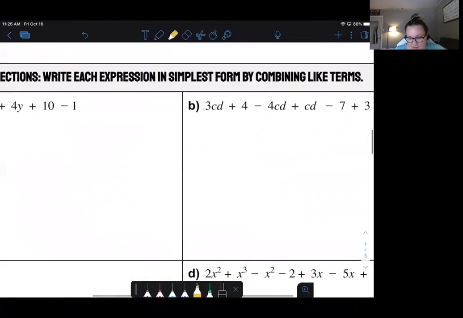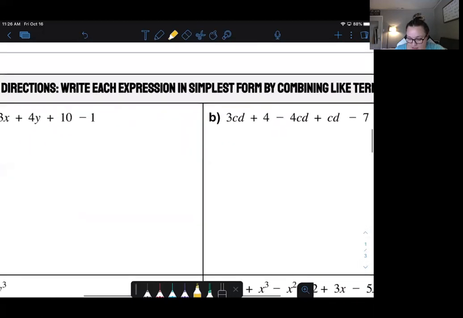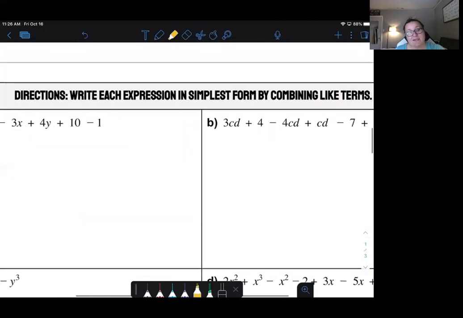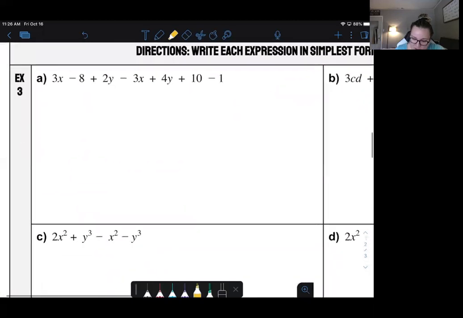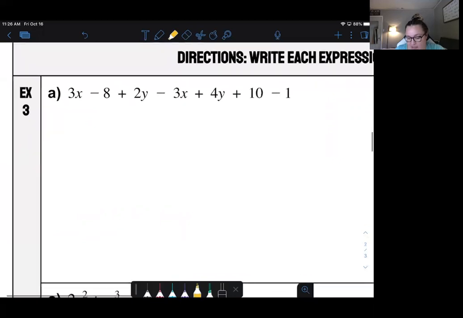All right, now let's talk about the next example. Here we are writing expressions in simplest form by combining like terms. So part A, we have 3x minus 8 plus 2y minus 3x plus 4y plus 10 minus 1. Like terms have to have the same variable with the same exponent, and like constants are like terms with other constants.